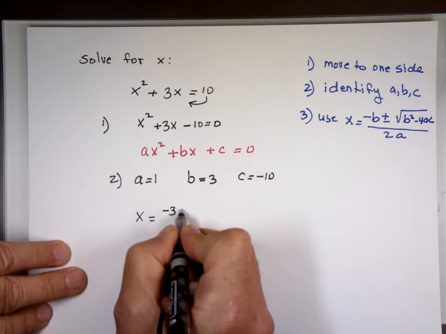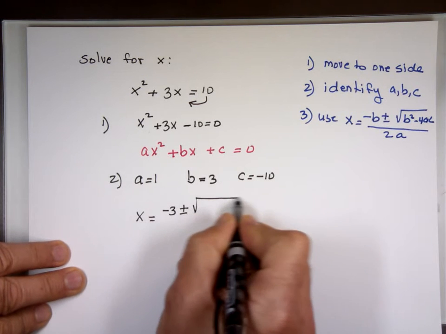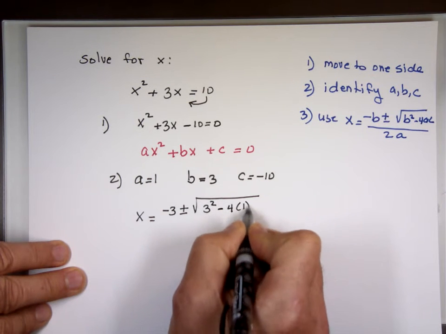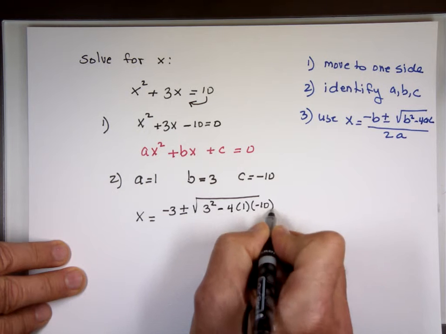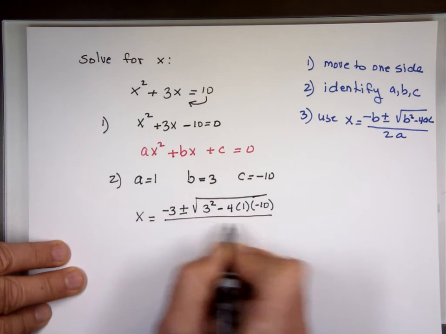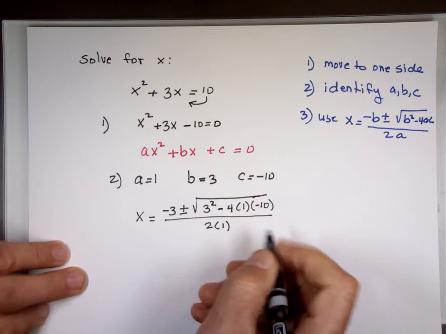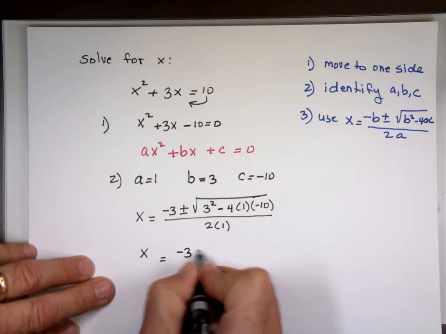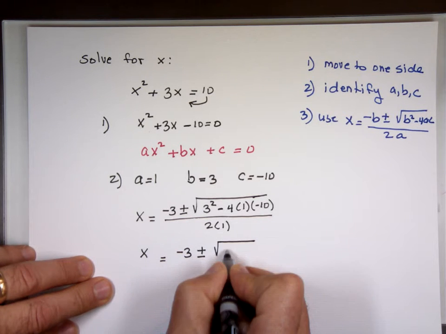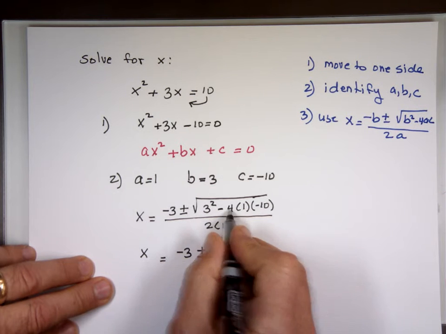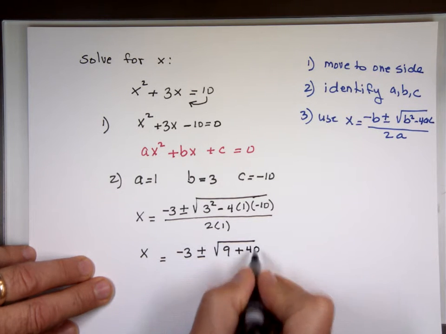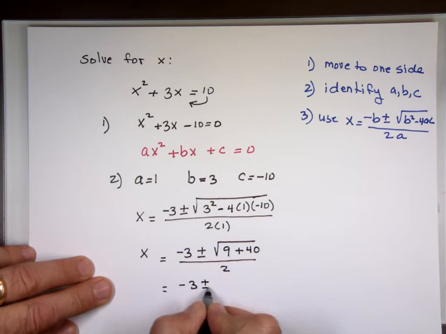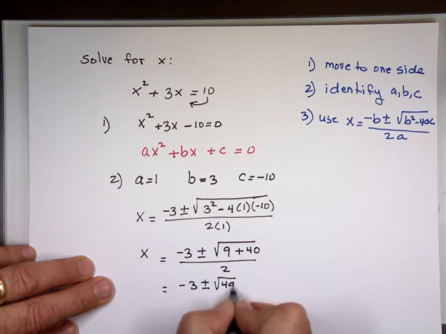Minus 3 plus or minus the square root of 3 squared minus 4 times 1 times the negative 10, divided by 2 times a, 2 times 1. This becomes a plus. A negative times a negative is plus 40 over 2. Negative 3 plus or minus square root of 49 over 2.